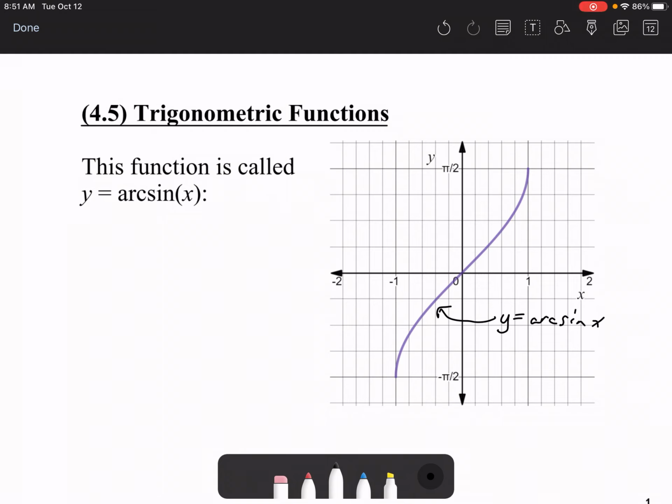It's only defined on this specific domain between -1 and 1, with a range between -pi/2 and pi/2.